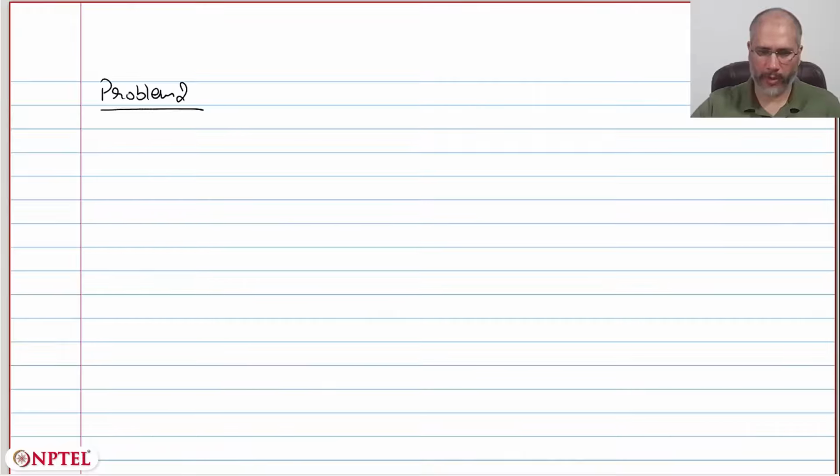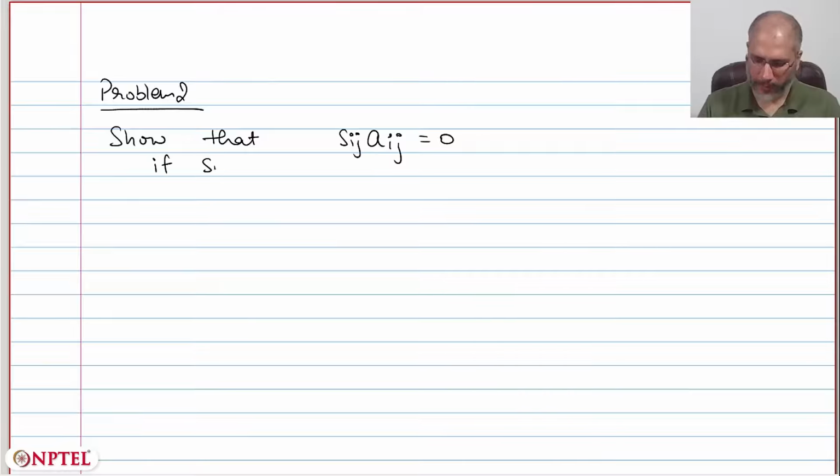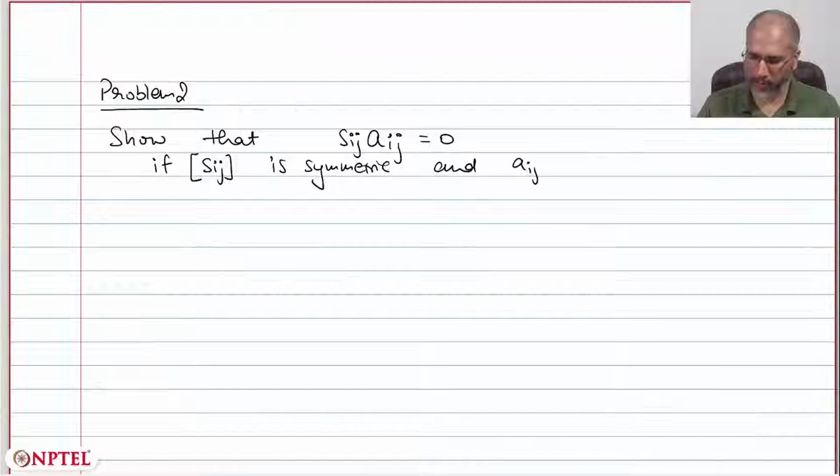So the second problem says that we have to show that this expression S_ij times A_ij is equal to 0 if the second order matrix S_ij is symmetric and the second order tensor A_ij is skew symmetric.